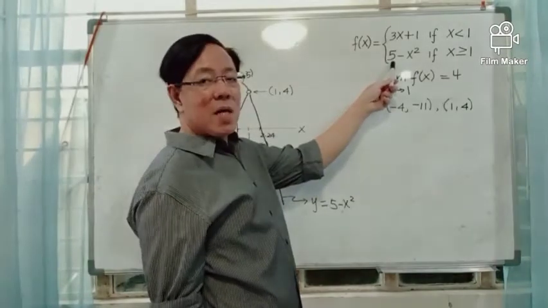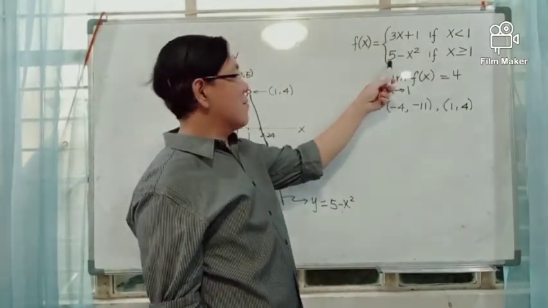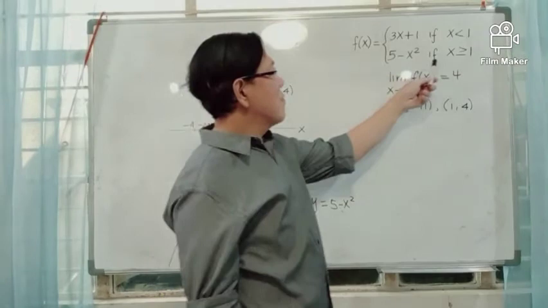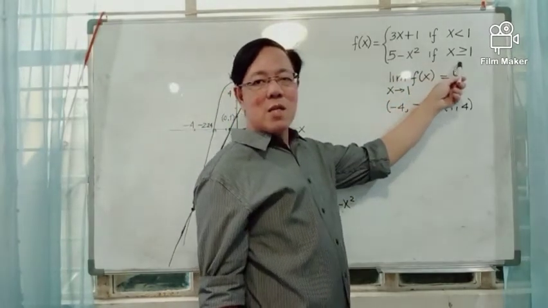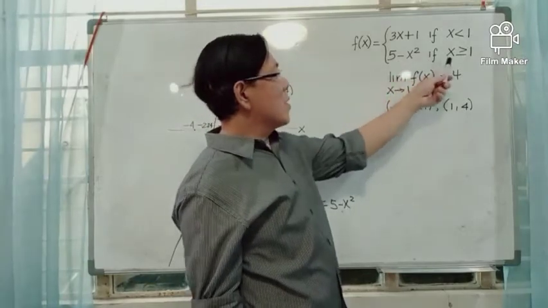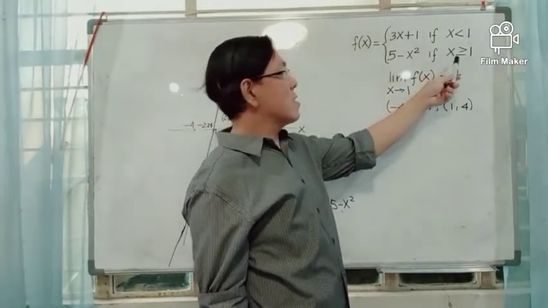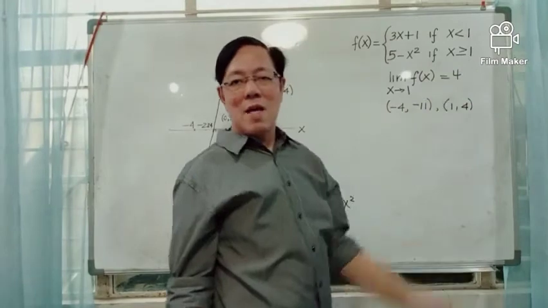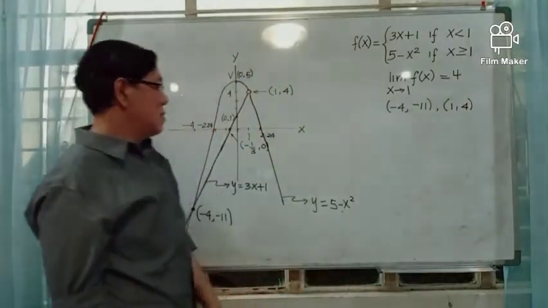We retain the part of the parabola with equation 5 minus x squared for those values of x greater than or equal to 1. And we remove the part of the parabola where x is not greater than or equal to 1. That is, x is less than 1.